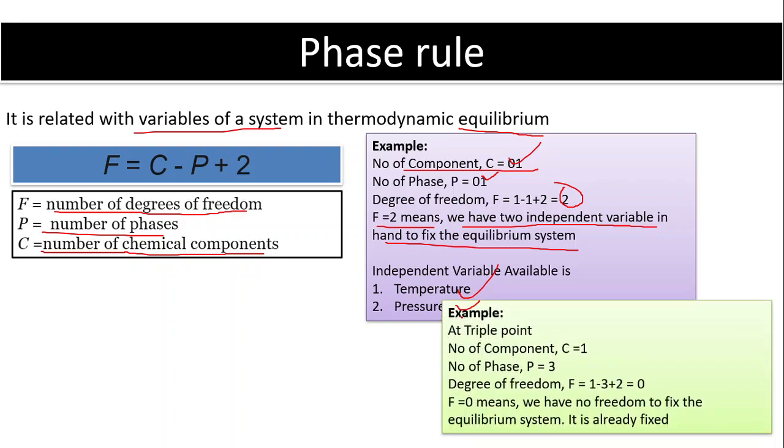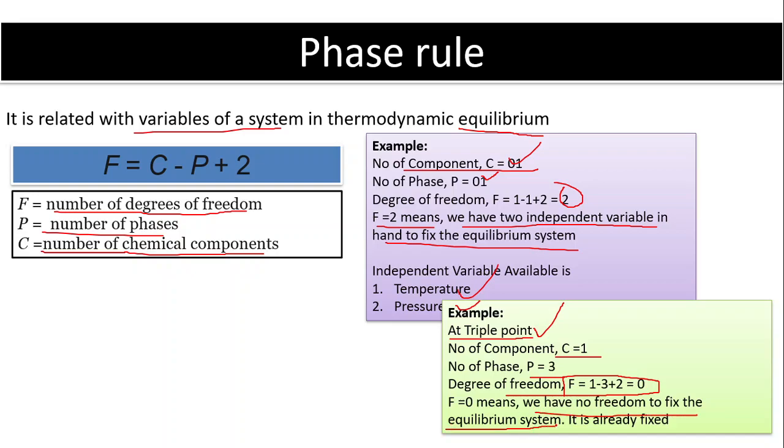Now let us take a simple example of the triple point equilibrium. Triple point is the point where all three phases come across together, meaning they are mixed together. So in the same case, the number of components is 1 here, the number of phases is 3 here, when solid, liquid and gas, all three phases are combined at the triple point. So what will be the degree of freedom if you put these values in this equation? You will find that the degree of freedom value becomes 0. 0 means we have no freedom to fix the variables.